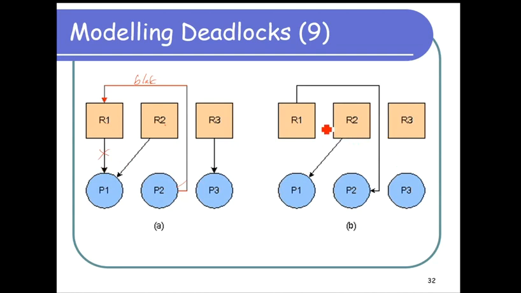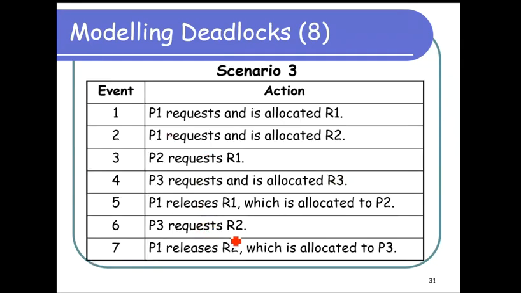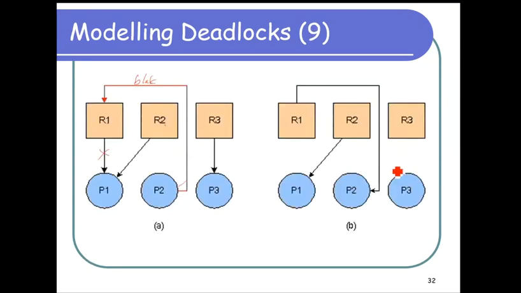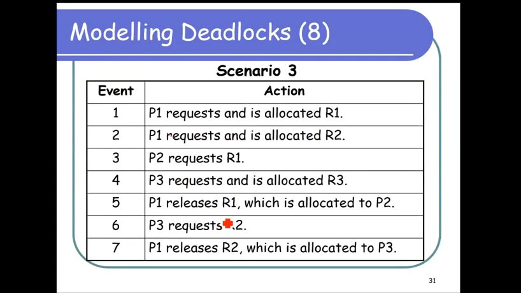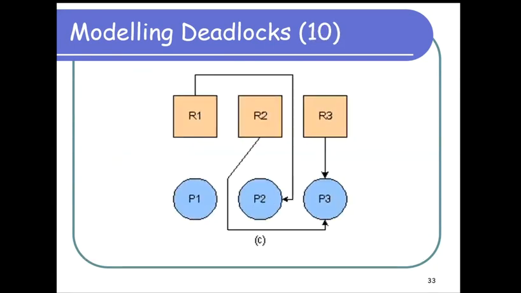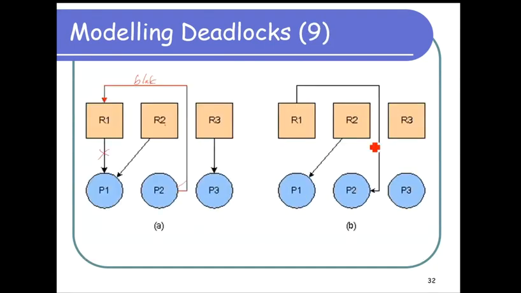So R1 is now serving P2, whereas before it was blocked. Then P3 requests R2.